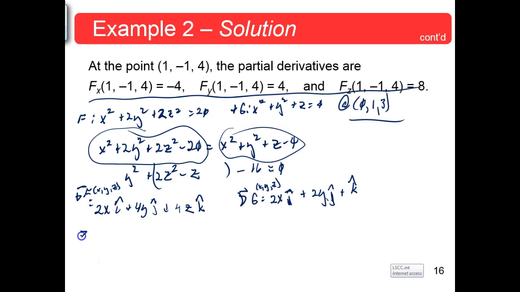So del f, or gradient of f, at 0, 1, 3 would be what? Okay, 0 on the x, so 0i, so we don't have to write that down.